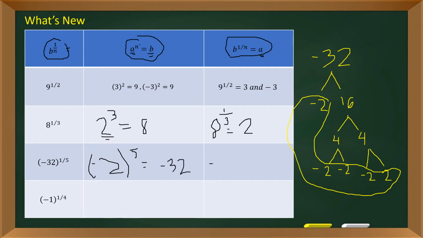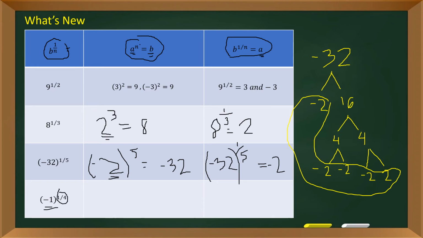So therefore, negative 32 raised to 1/5 is as good as, what is the value of a that we have solved here from the second column? Negative 2.